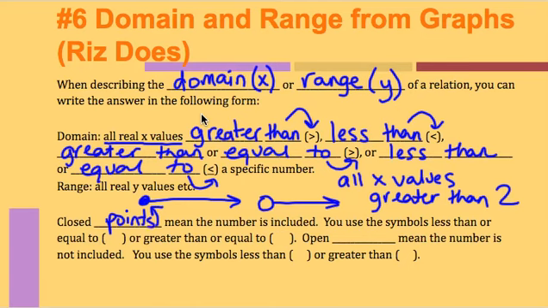You use the symbols less than or equal to, so make sure you have the line underneath, or greater than or equal to. Whereas open holes, like this one, mean the number is not included. You use the symbols less than without the line underneath, or greater than without the line underneath. This is going to become a little bit more clear as we go on.